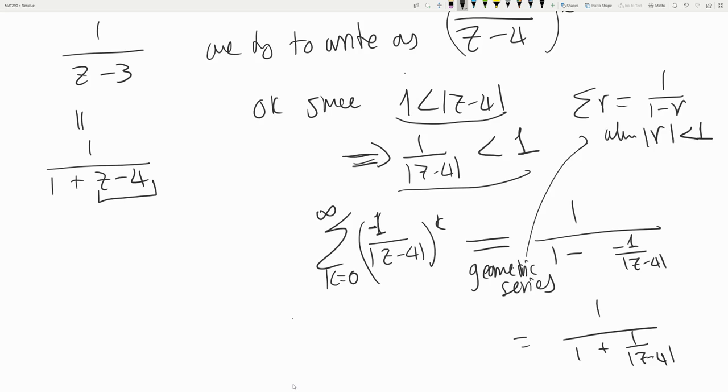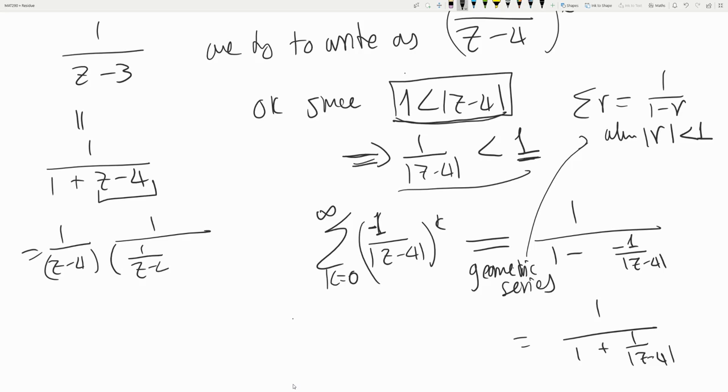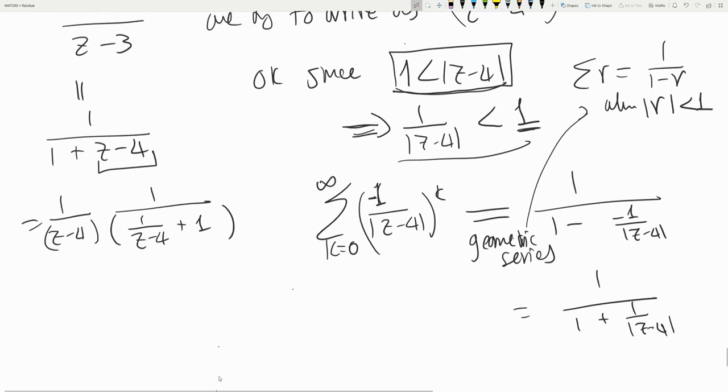So you have to make sure that your annulus gives you strictly less than 1. Okay, so I have to rewrite this. I factor out the z-4, and that gives me 1 over (z-4) times (1 plus 1/(z-4)). Okay, all right.